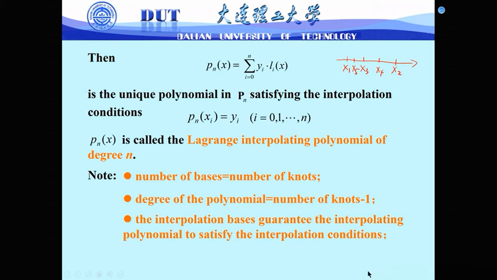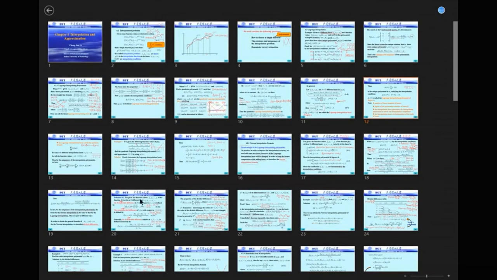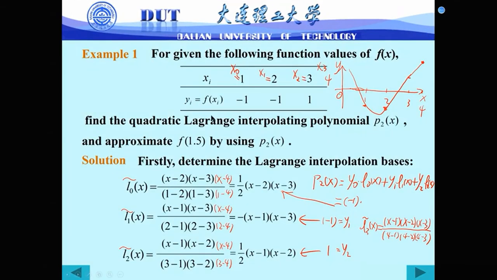So later we have learned the second method. Of course, here is an example. By these nodes we can construct the basic polynomials. And then if we add one node, now you see we need to change every basic function, right?